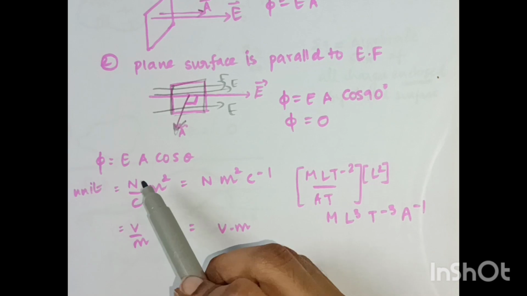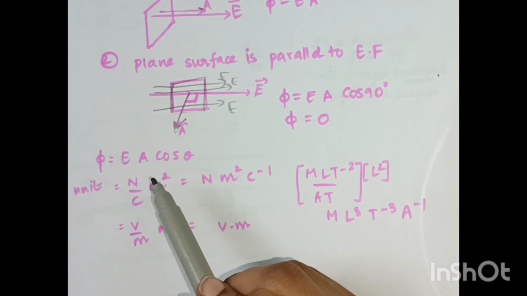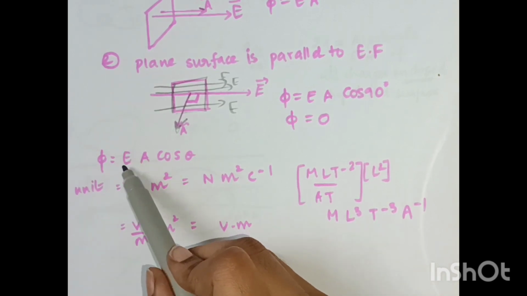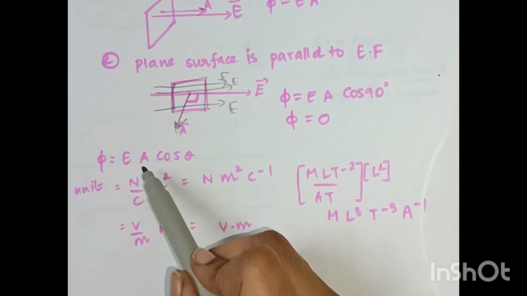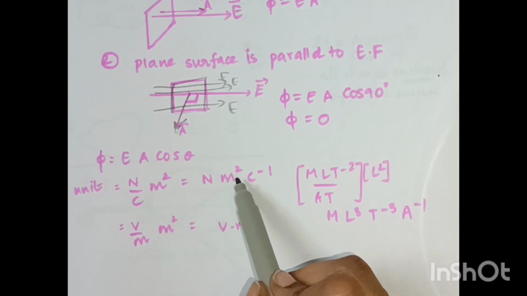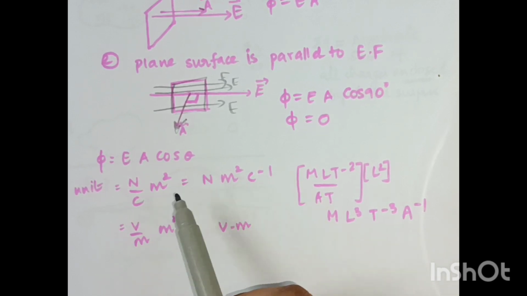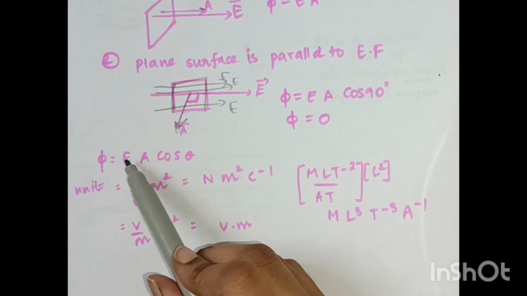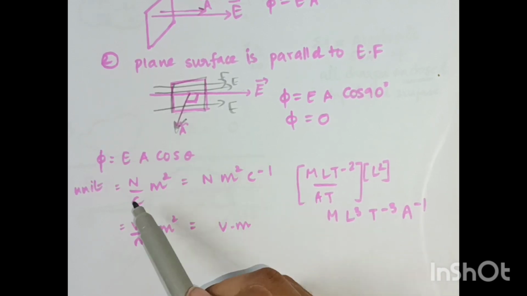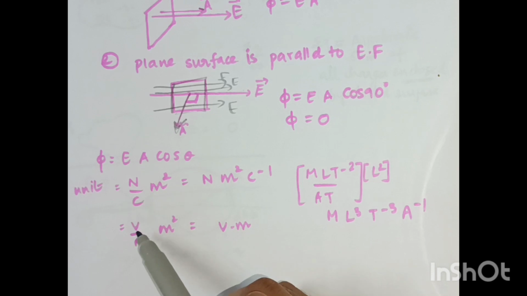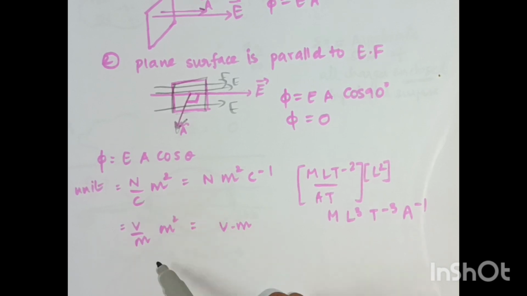So phi equals EA cos theta. Let us write the units. For electric field it is newton per coulomb. For area it is meter square. So it is newton meter square per coulomb. We have also seen E equals minus dV by dr, so instead we can write volt per meter into meter square.